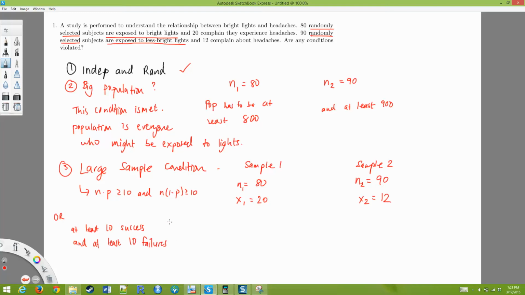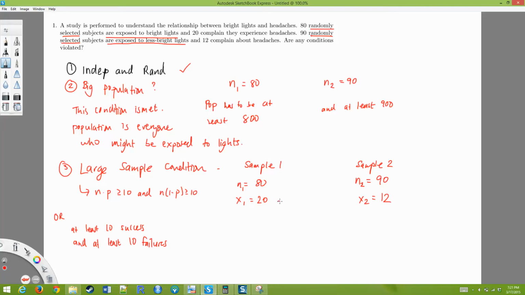Either method can be used to check the large sample condition. In this case, for sample 1, we have 20 successes. The label success is arbitrary. In this case, experiencing headaches is a quote-unquote success. So how many failures do we have if I have a total of 80? 60.